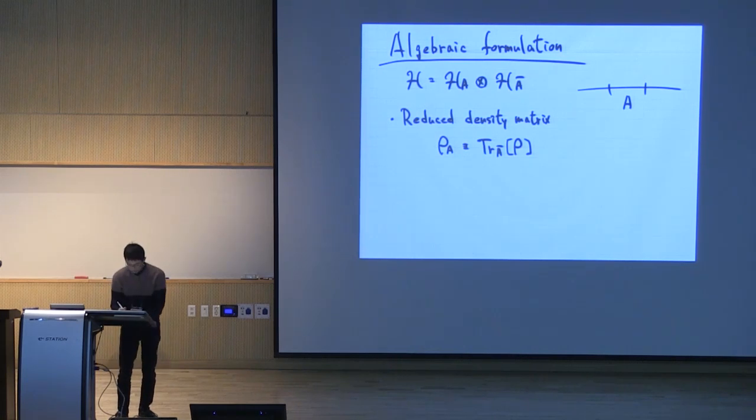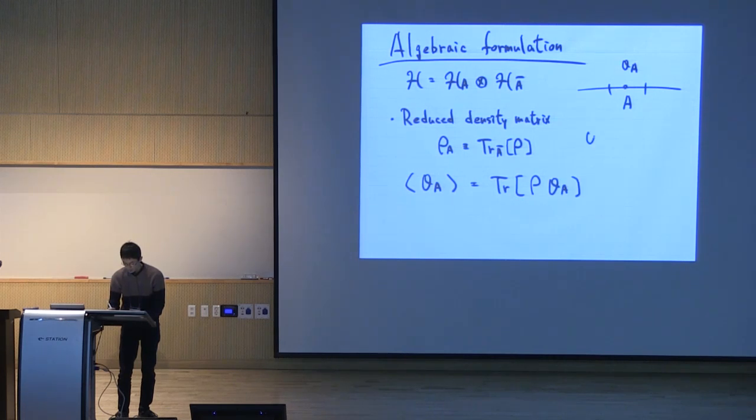From this definition, you see that if you compute the expectation value of some operator localized on the region A, you can, of course, compute it using the original density matrix rho.